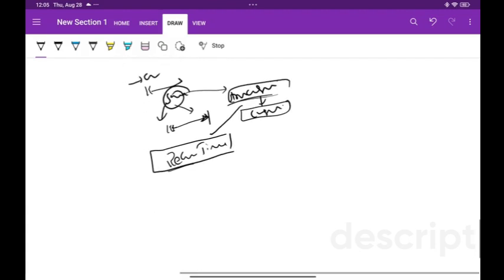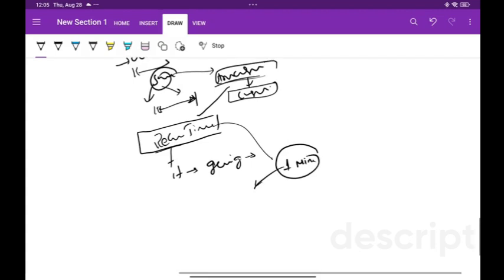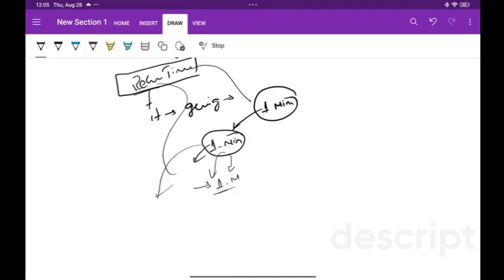So if we give a guarantee that our database application recovery is 1 minute, that means if a crash happens, it will come into a consistent state in 1 minute. By considering this recovery time, automatic checkpoint is designed.